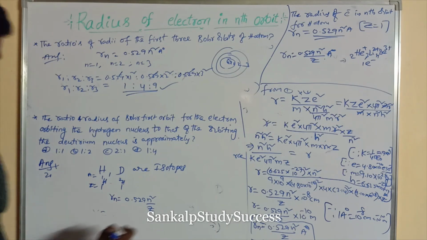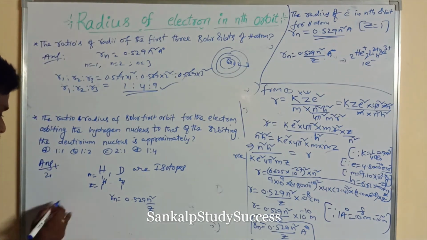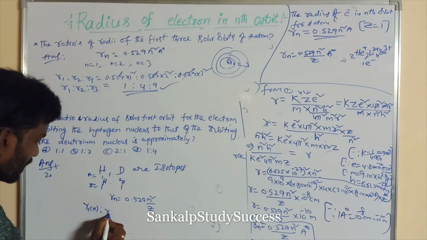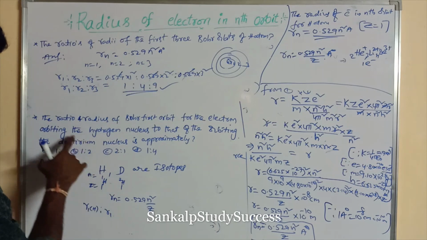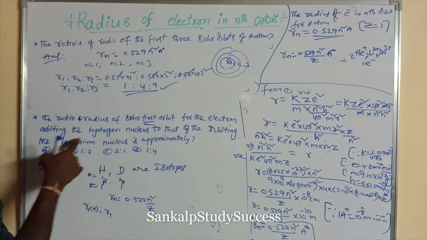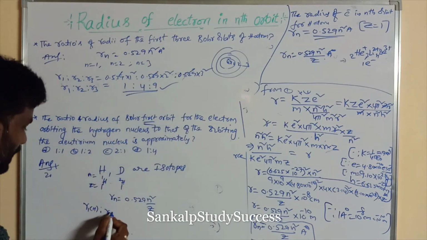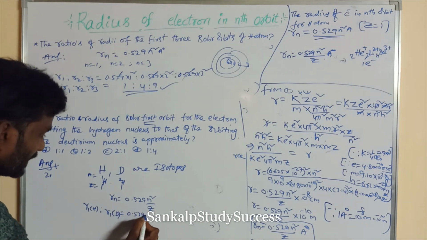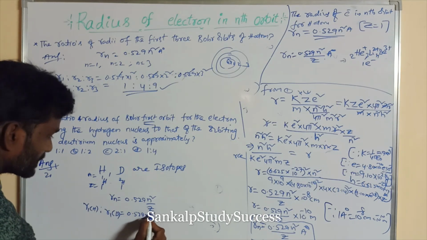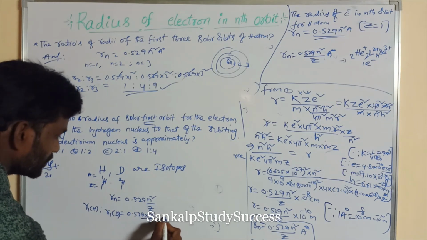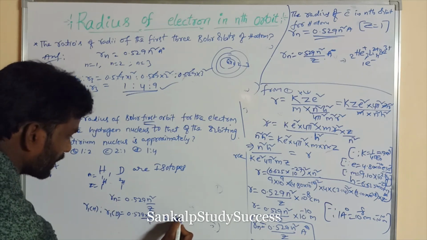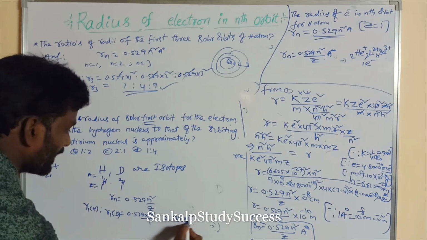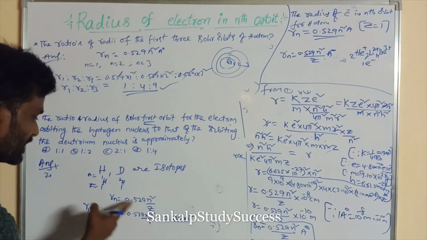So R1 of hydrogen is to R1 of deuterium, both first orbit, is equal to 0.529 into 1 square by 1 is to 0.529 into 1 square by the atomic number of deuterium, that is also 1.